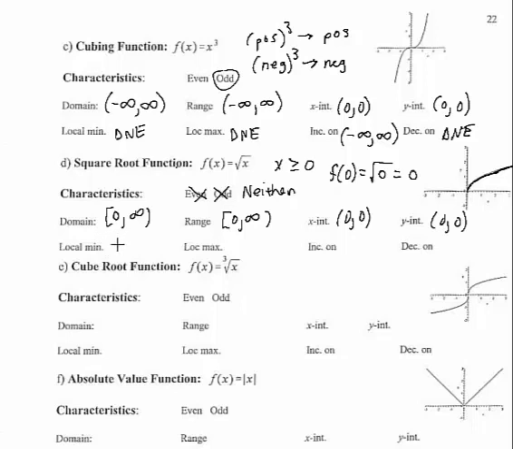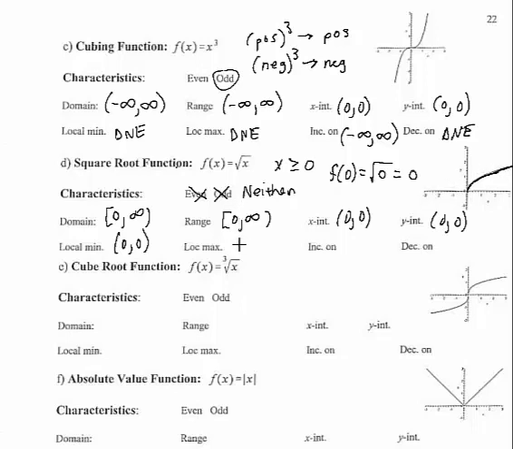Local minimum. I am going to say that our local minimum, our lowest point, is the origin. You could also call this the absolute minimum. Local maximum, well, once we leave the origin, the function always increases.